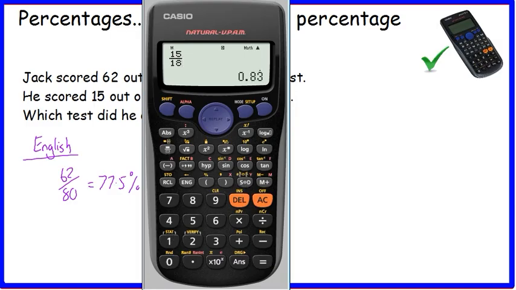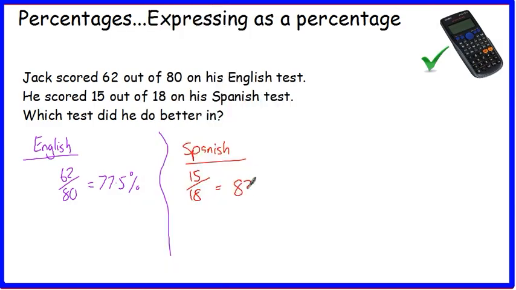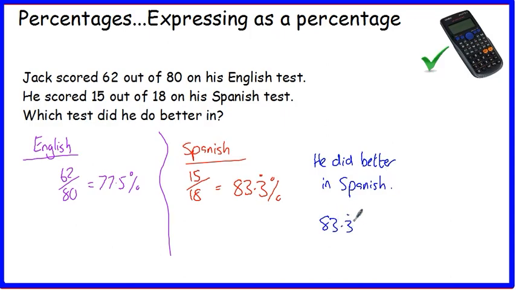Yeah, 83.3%. So which did he do better in? Spanish, because 83.3% is greater than 77.5%.